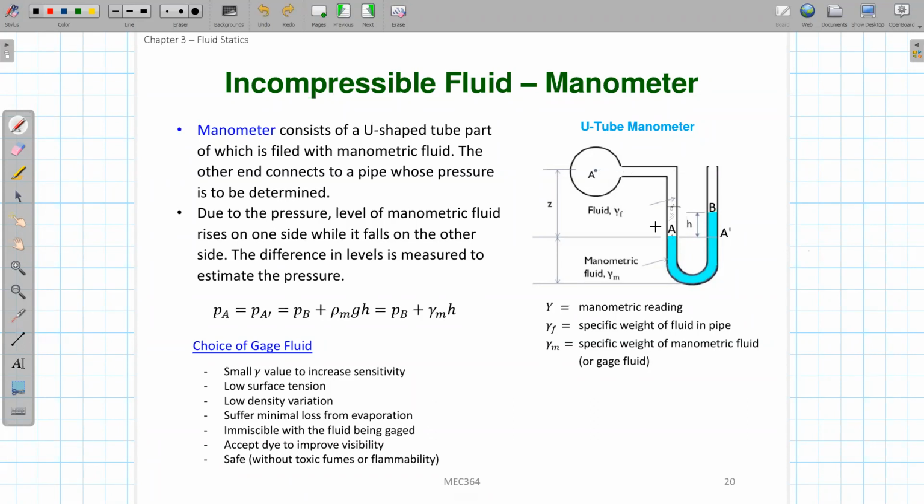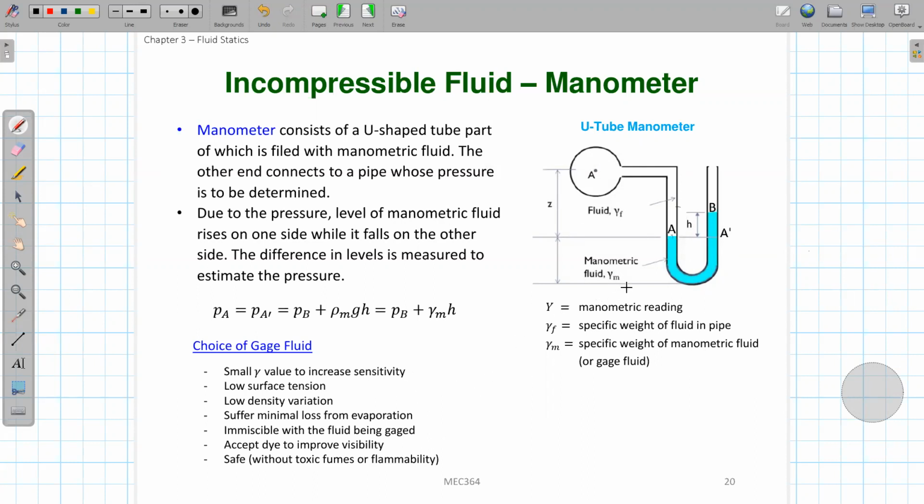So this is the theory behind this manometer. In the experiments, we need to decide what to use for this gauge fluid, or you can also call it a manometric fluid. There is some fundamental theory here.